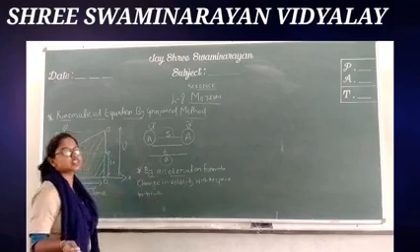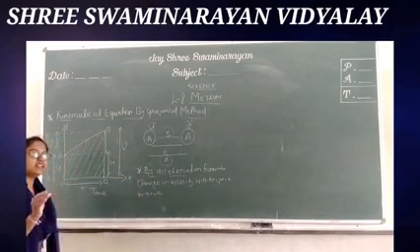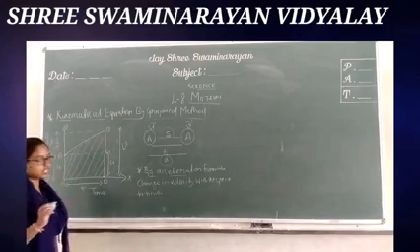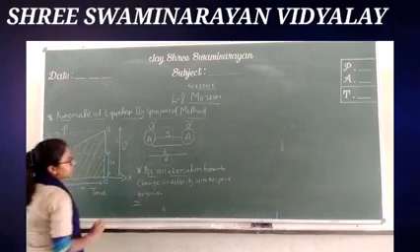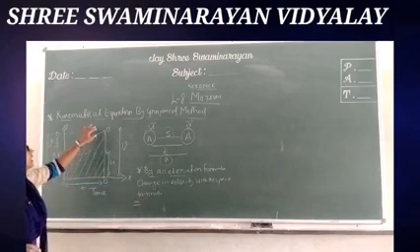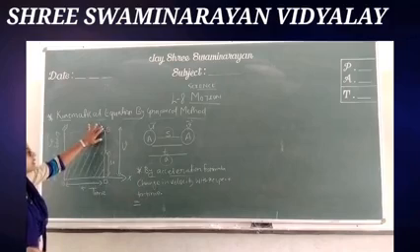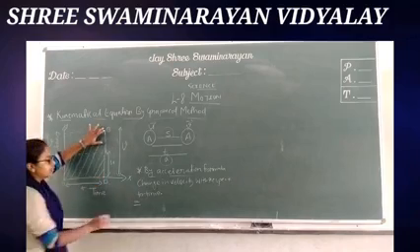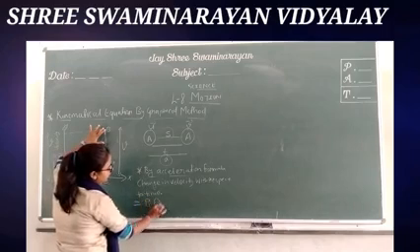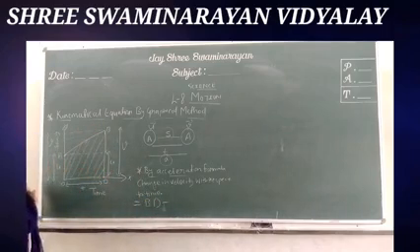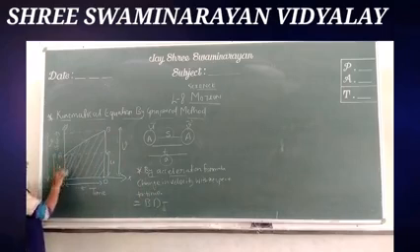So change in velocity, as we know, is final velocity minus initial velocity upon time. Here, students, our final velocity is represented by BD. So BD minus initial velocity, that is AO.